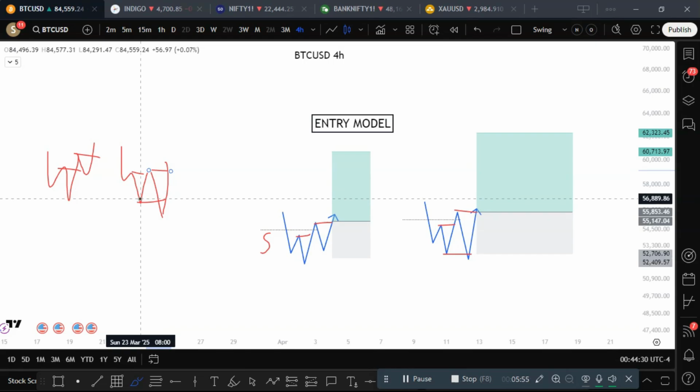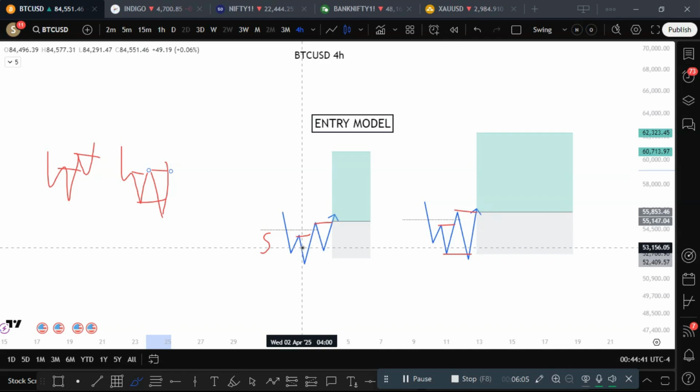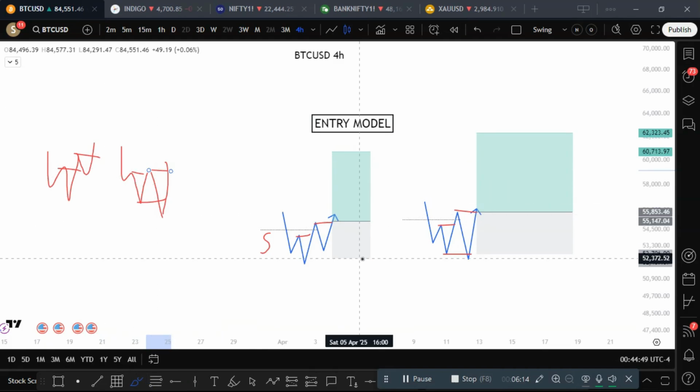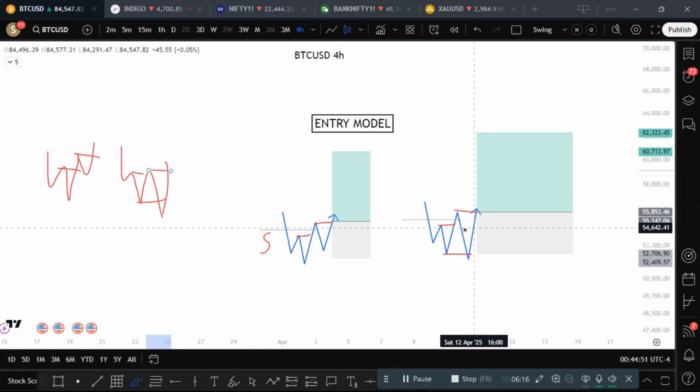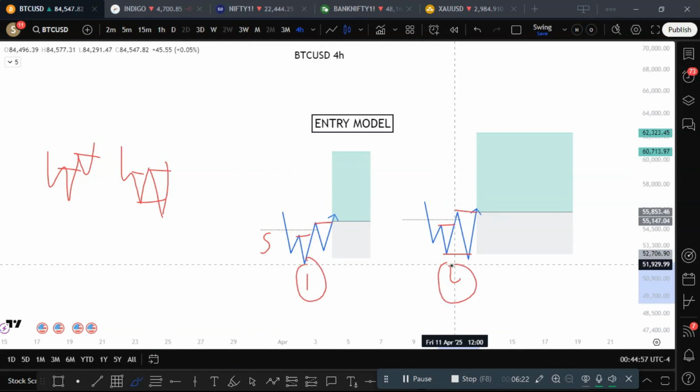This thing increases your win rate so much. If you don't enter on the first shift, it will increase your win rate drastically. So never ever enter on the first attempt, because it is just an attempt. We are not sure it will work or not. That's why we need either a double break or an MSU setup. So this is the MSU setup, Wyckoff based. Okay, so we have two entry models. Number one, double break. Number two, MSU, right?